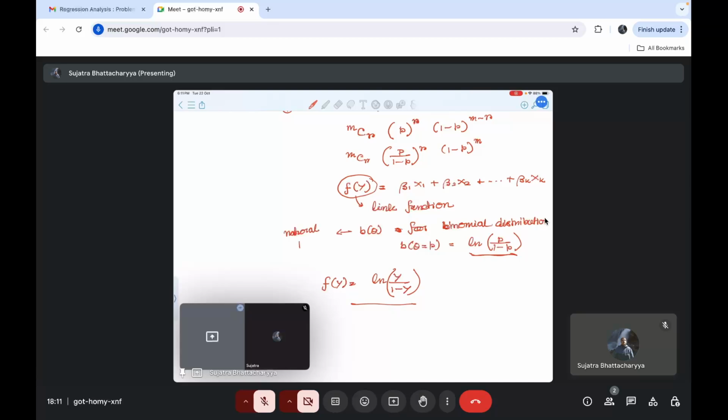So the reasonable choice for the binomial distribution, if you are fitting the model like this, is that f of y should be log of y upon 1 minus y, with y being the probability of success. So this should be the correct answer for the first one.